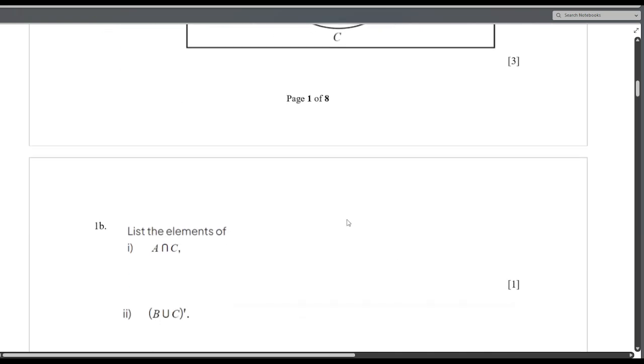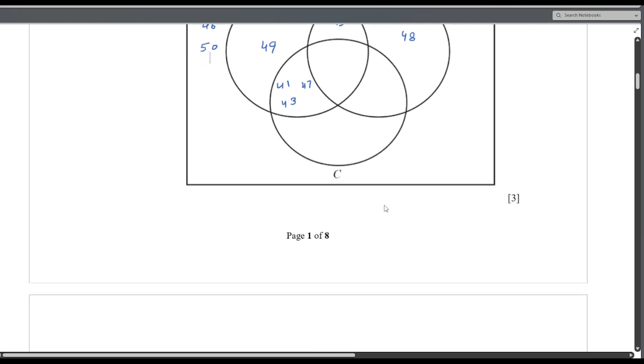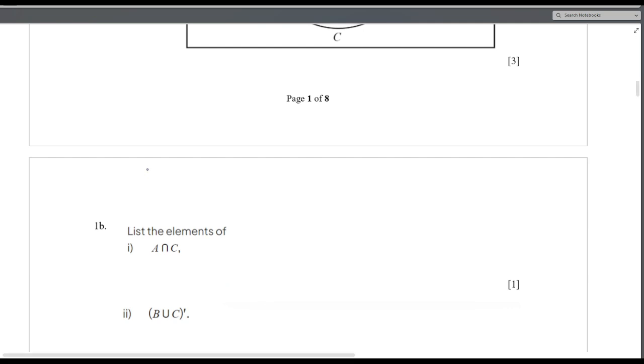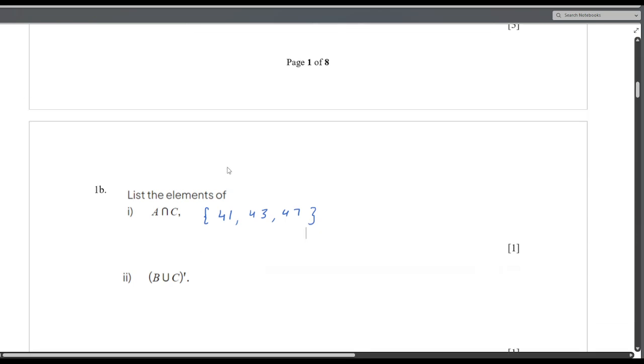Now list the elements of A intersection C. So what is common between A and C? It is 41, 43 and 47. Generally we write them with curly brackets: 41, 43 and 47. This is A intersection C. And now B union C complement.